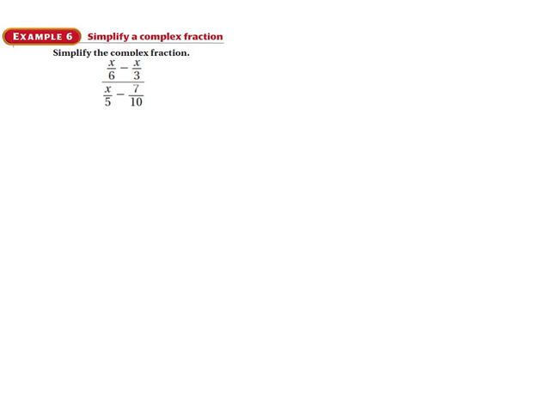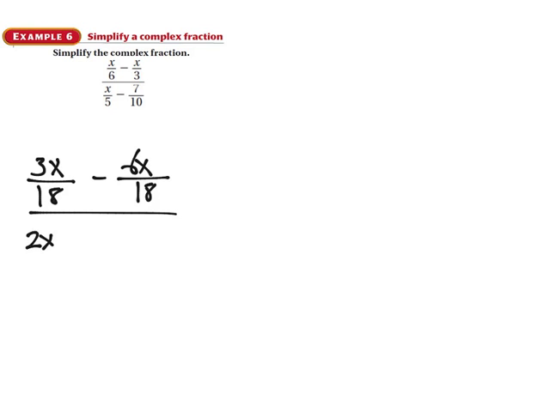The least common multiple on that one would be 18, so we're going to multiply each top and bottom by 3 on the first. We get 18. Multiply both top and bottom on this one by 6. Get 18. Okay, the least common multiple of 5 and 10 is 10, so we'll multiply the top by 2 and the bottom by 2. This one we won't have to multiply.